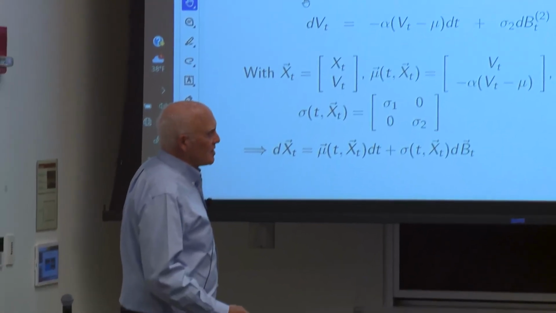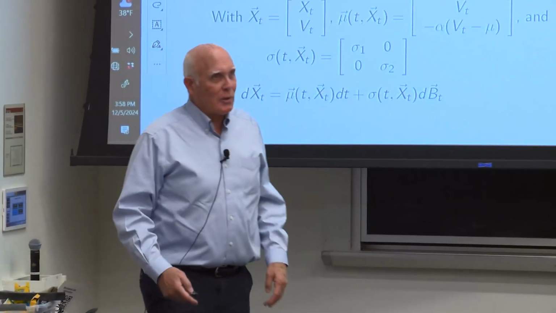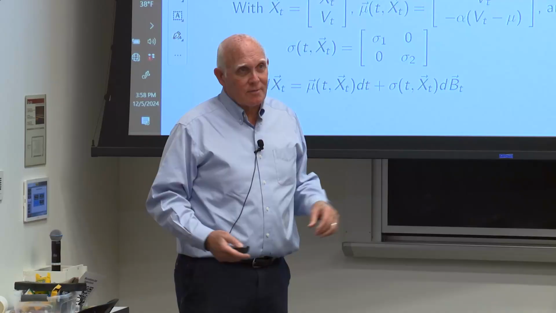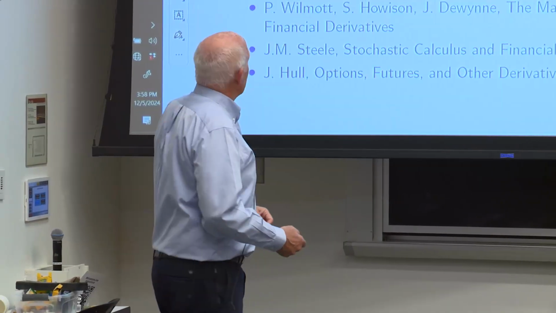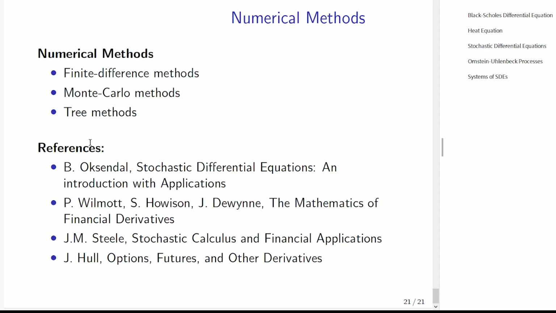So the theory of stochastic differential equations is very powerful, and it's exploited a lot in physics and engineering. With that, I just want to highlight some useful references for stochastic differential equations.